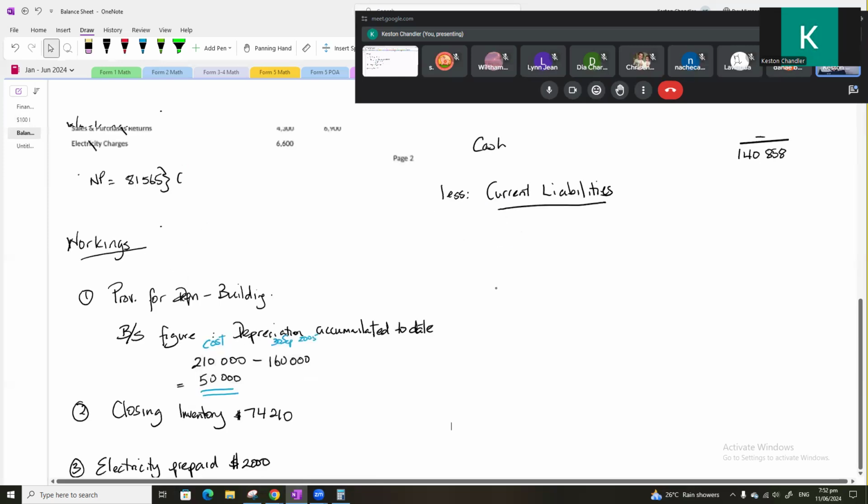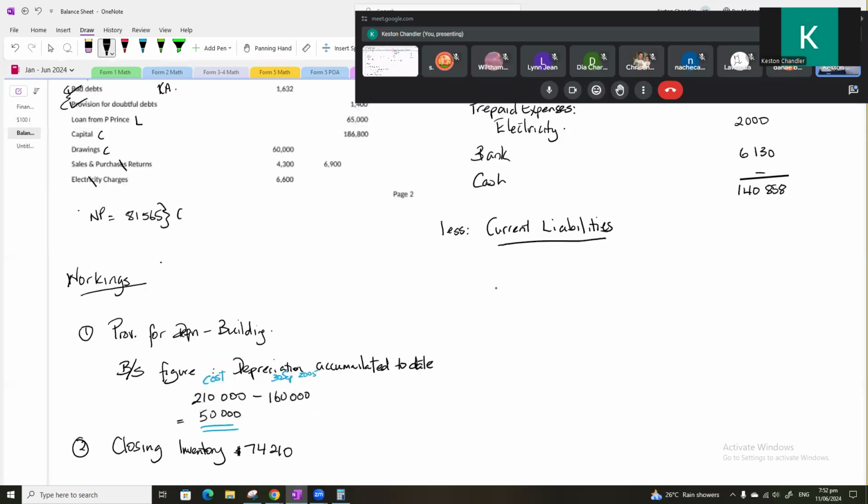Current liabilities include things like our creditors, as people that we owe, and any accrued expenses, which I believe was salaries and wages, and something else.